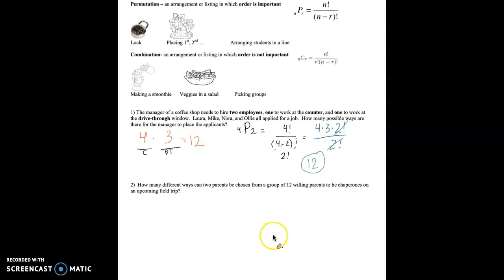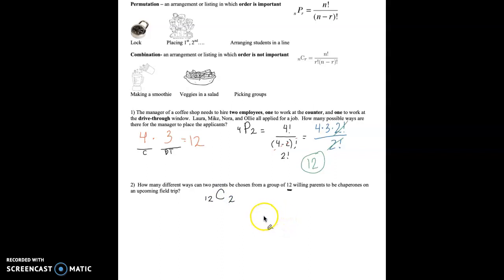All right, let's look at problem 2. How many different ways can 2 parents be chosen from a group of 12 willing parents to be chaperones on an upcoming field trip? Well, does it matter who I pick first or second? I'm just picking 2. It doesn't matter how I pick those parents. So this would be a combination. So I have 12 parents, and I'm going to choose 2.